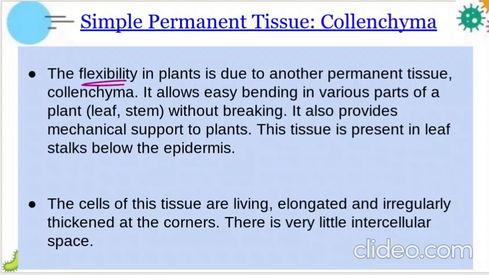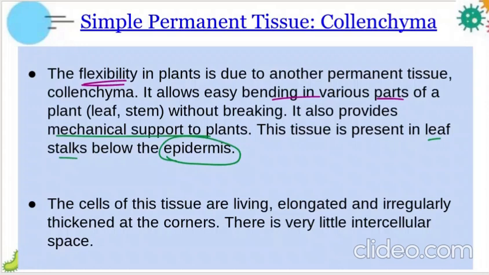Why is it flexible? It is due to collenchyma. It also allows easy bending in various parts of a plant, for example leaf and stem, without breaking them. It also provides mechanical support to the plants. This tissue is present in leaves, stalks, below the epidermis. Now, what is epidermis? We are going to learn ahead in detail.